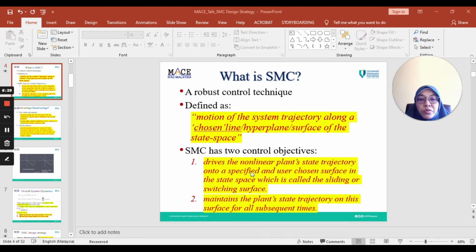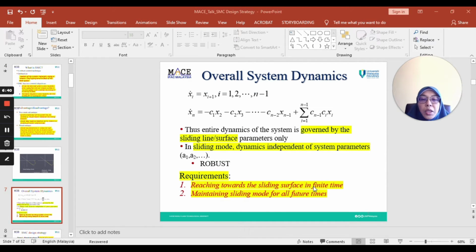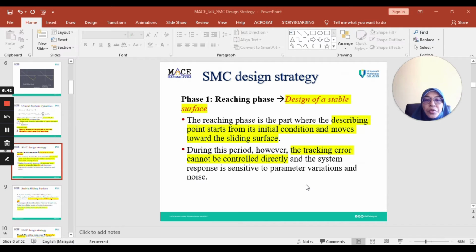Okay, because we want to drive the nonlinear state trajectory onto the specified surface, and also we want to maintain it. In order to achieve this, we have to fulfill these two requirements. The first requirement is the reaching phase, where we need to design a stable surface.